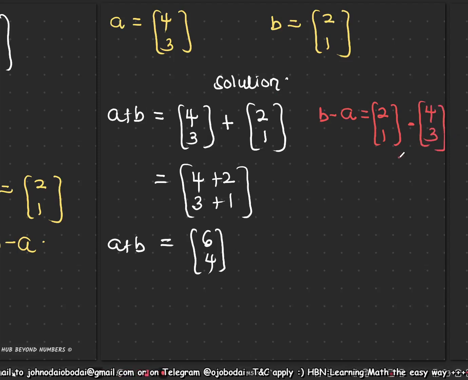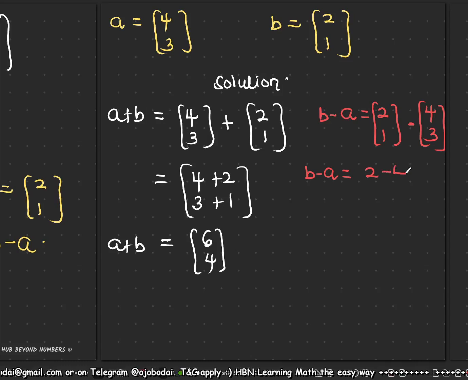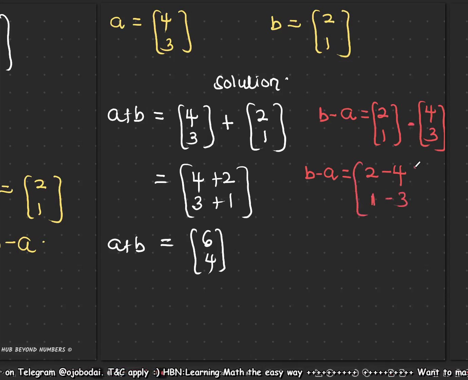Very simple. So we now want to evaluate. It means our B minus A is going to be equal to 2 minus 4, then we have our 1 minus 3.